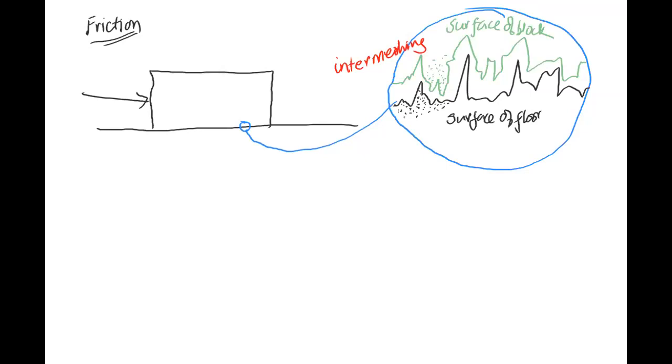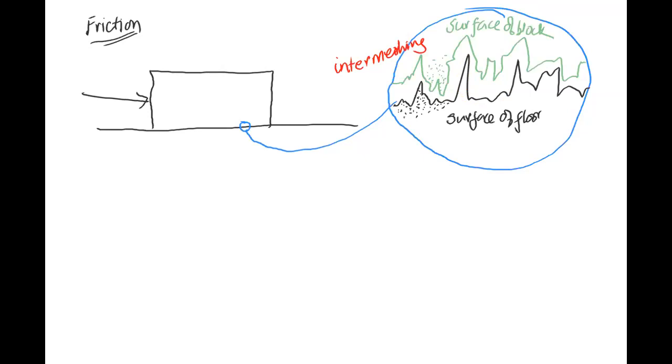Basically, I would consider this to be a hill and I would consider this to be a valley. So the hills and valleys of the two surfaces have intermeshed with each other. They have found some sort of a compromise, they have found some sort of an equilibrium.